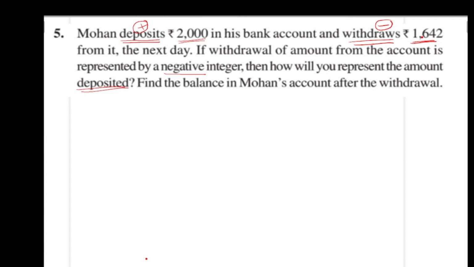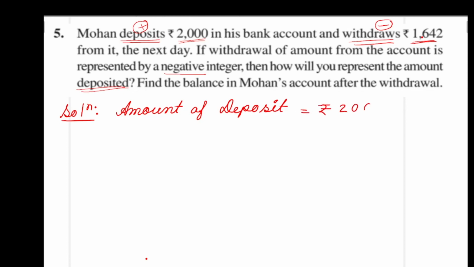Amount of deposit equal to what? Rupees 2000. Okay, then amount of withdrawal equal 1642.